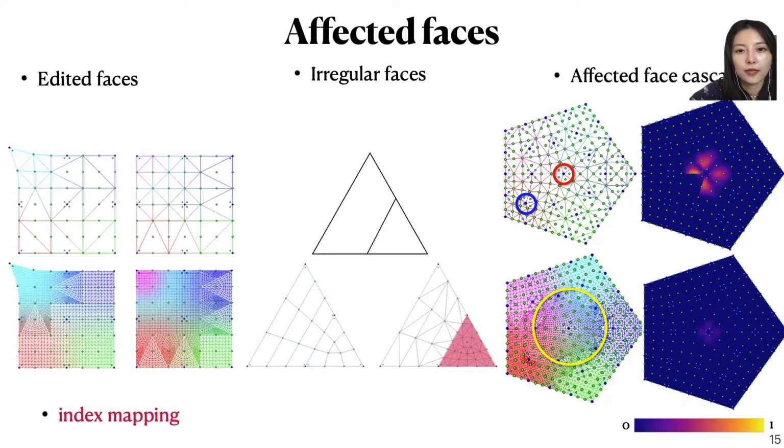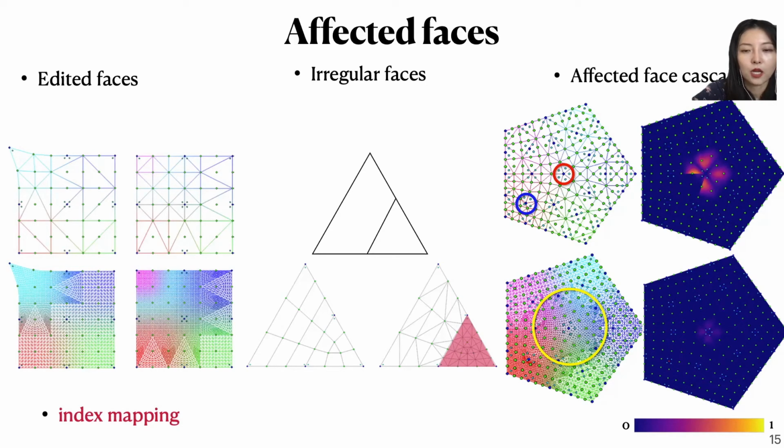The key in our method is how we determine which faces to further subdivide. We define faces that need further subdivision as affected faces. There are three kinds of cases. Edited faces. Well, this is simple. If you change something of a face, geometry or color, then the face is defined as an edited face.